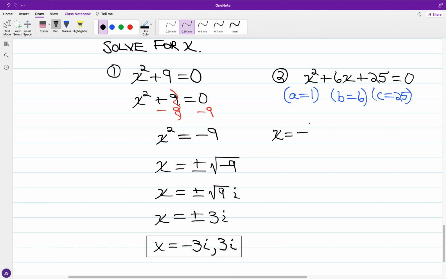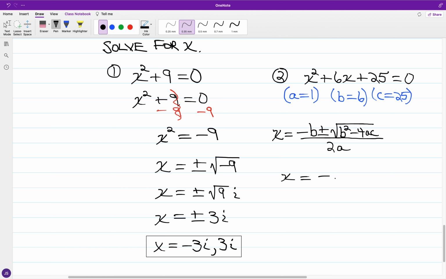And so for the quadratic formula setup, we have negative b plus or minus the square root of b squared minus 4ac, all over 2a.